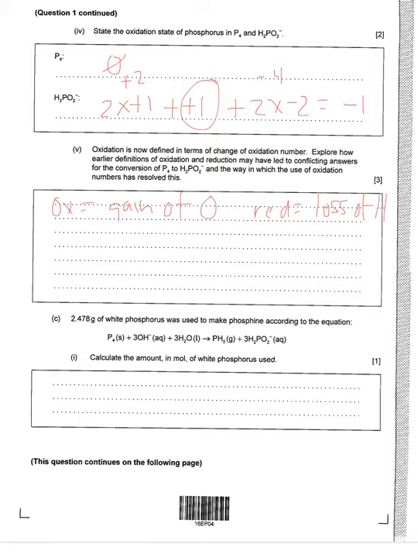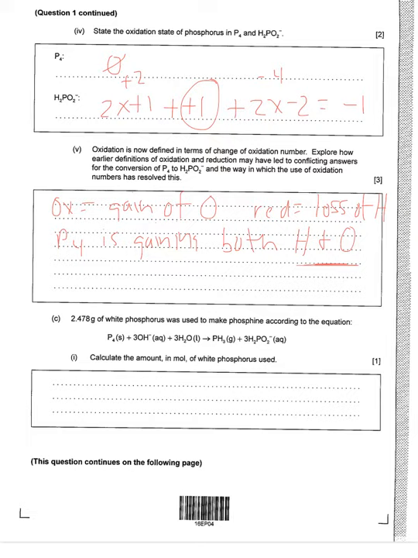So this would be a confusing definition to use here because in this case, P4 is gaining both hydrogen and oxygen, which it appears that there should be one gaining oxygen and another species losing hydrogen. And in this case, P4 is involved with both the hydrogen and the oxygen.